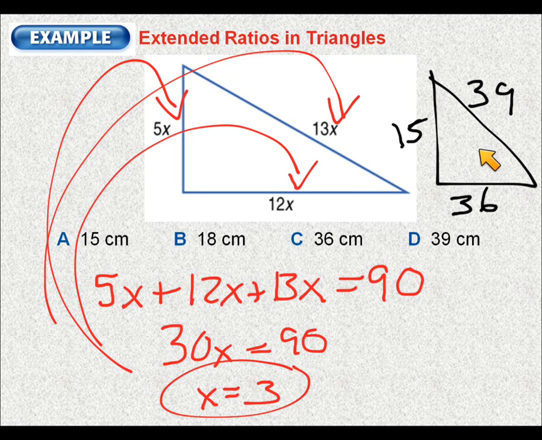This triangle is proportional to this one. Each of the sides just became a multiple of 3 in this case. And if I add those up, the perimeter is 90. We call this number the scale factor. We're going to come to that in just a second. So we see how we did that there? And I want to know what's the shortest side. The shortest side then is 15.